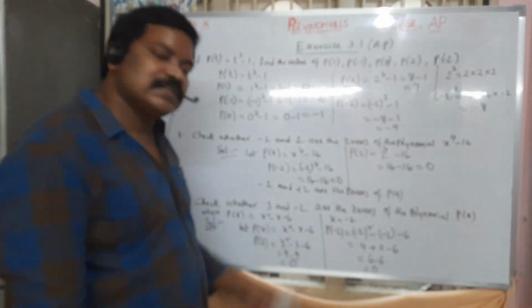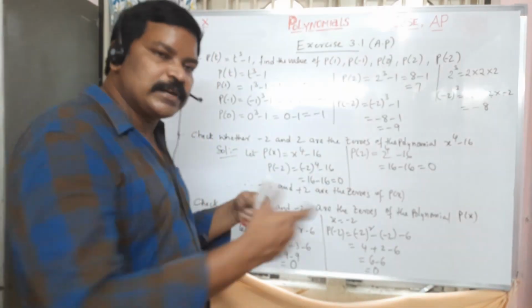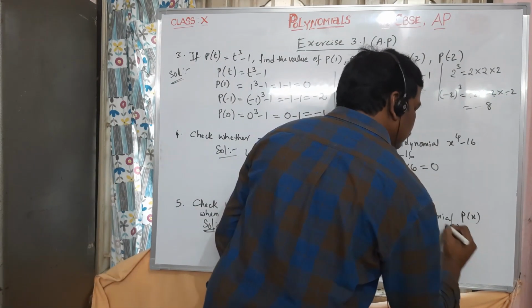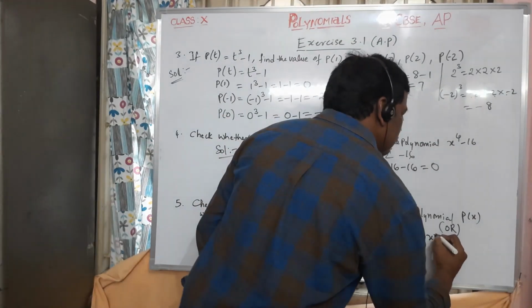We can do this sum without substituting these 3 and minus 2, by splitting the middle term. I will do the alternate method here. Take the polynomial x square minus x minus 6.